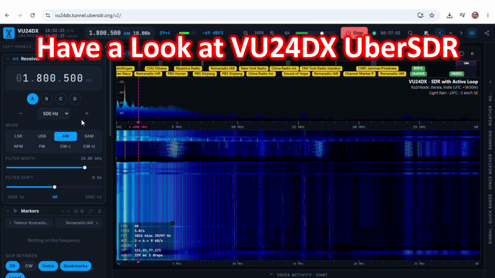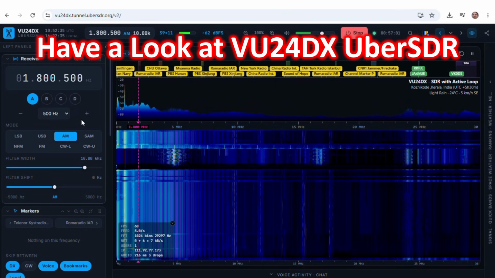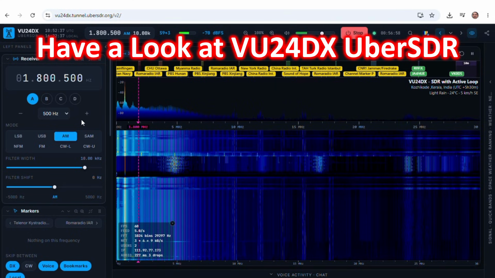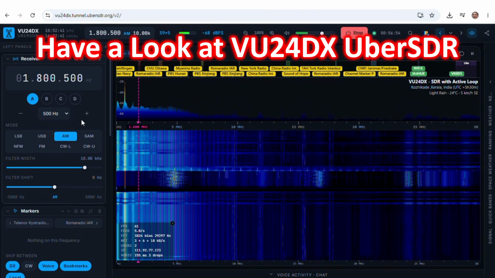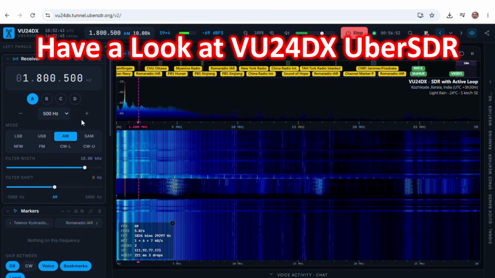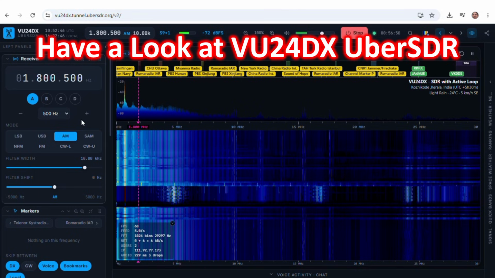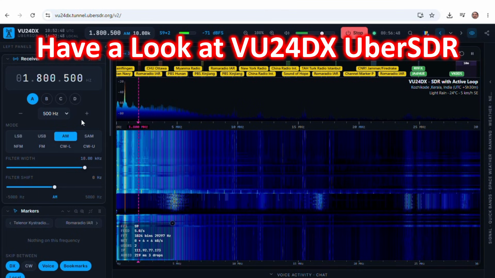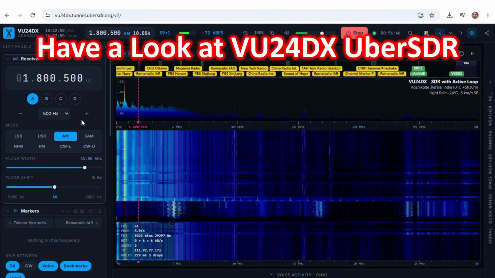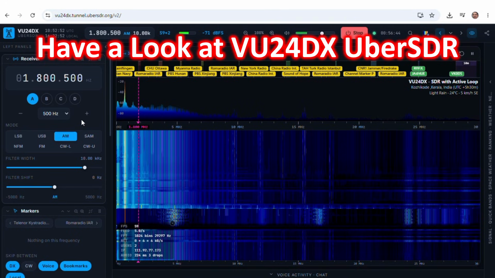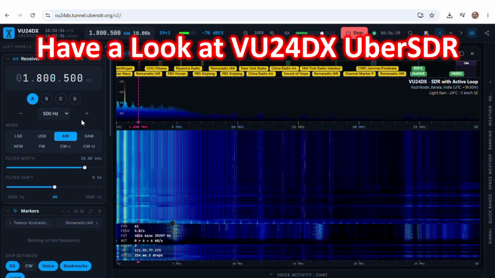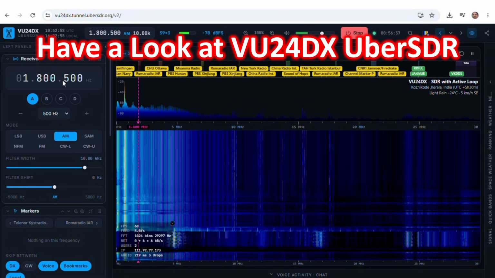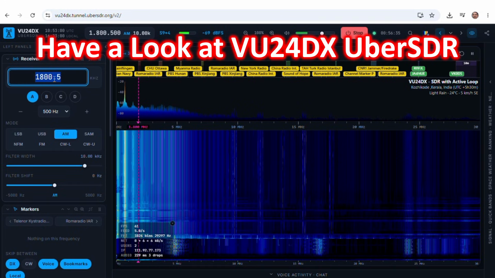So a 160 meter antenna is very difficult for all of us, or most of us. Of course, I know that VU2CPL, who incidentally has a similar type of UberSDR running earlier than this, has DXCC in 160 meter CW mode. So it is not impossible, and we'll see other frequencies.